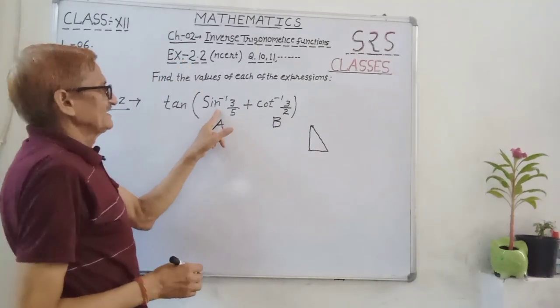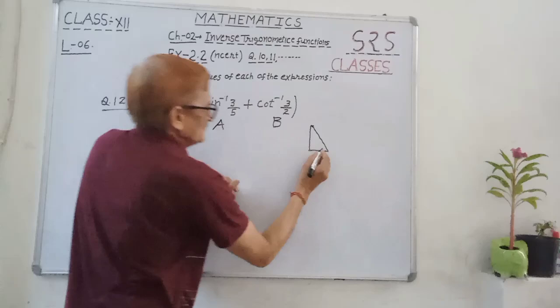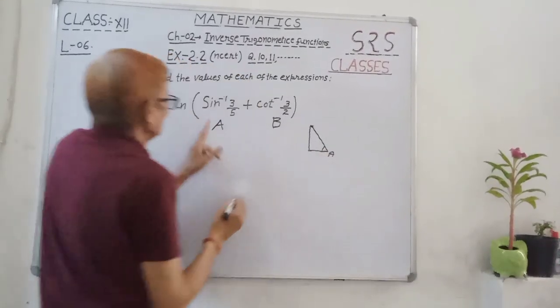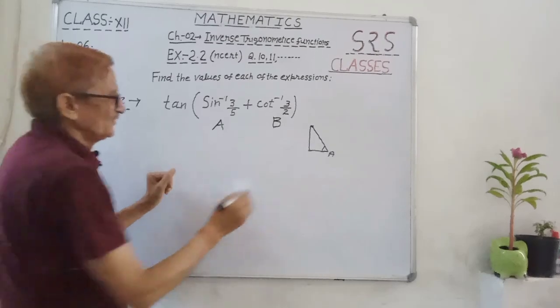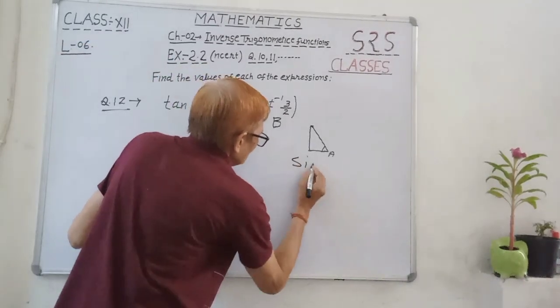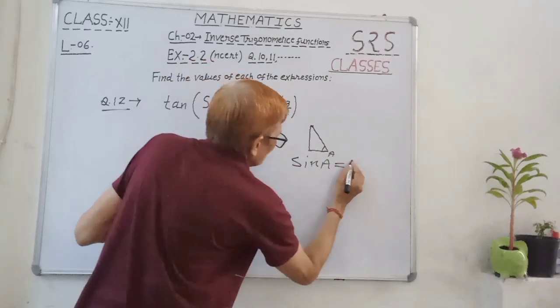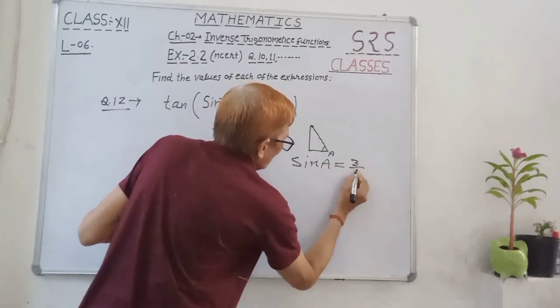In one triangle, let sin inverse 3 by 5 be equal to A, and let this angle be A. Then sin A is equal to 3 by 5. Okay, understand?